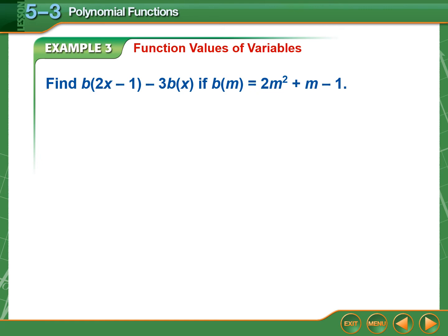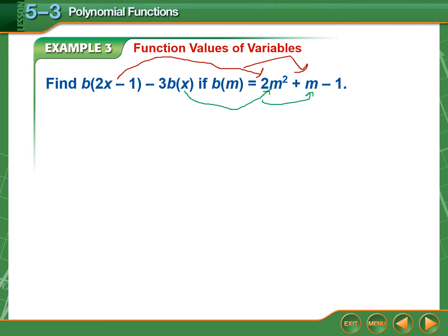What we're doing is we're going to say we have to plug in 2x minus 1 here and there, and simplify, do all that, then go back and plug in x here and there, and multiply it by 3 in order to get our final solution.